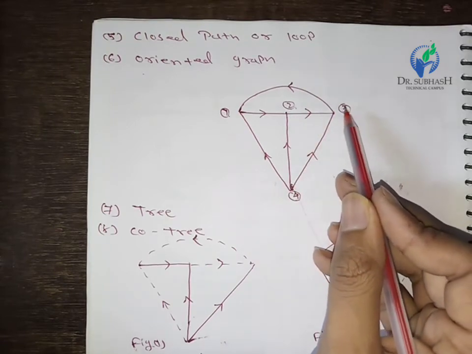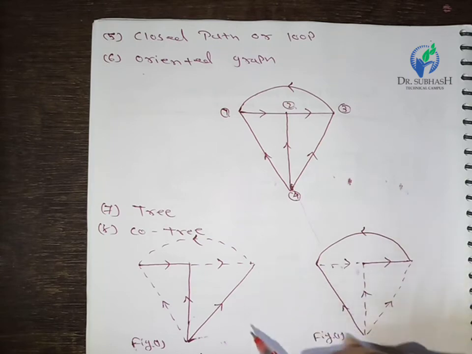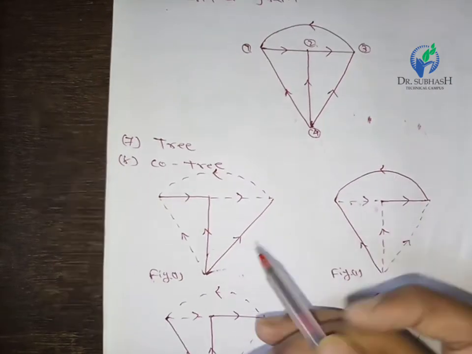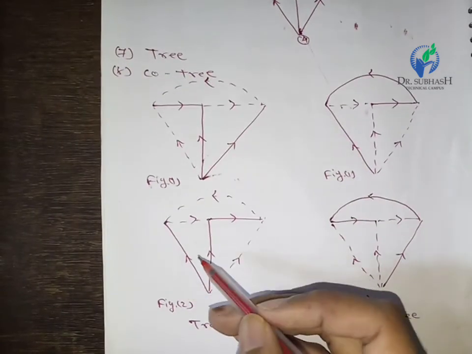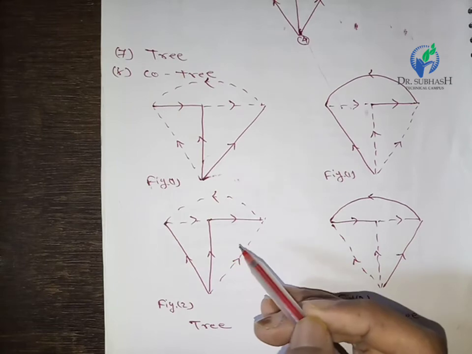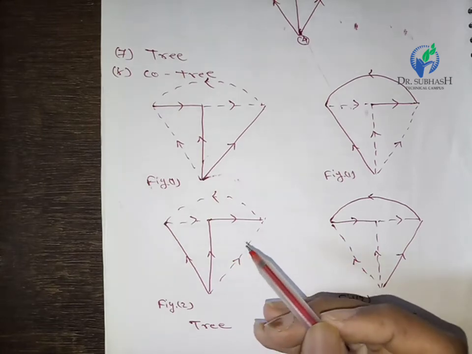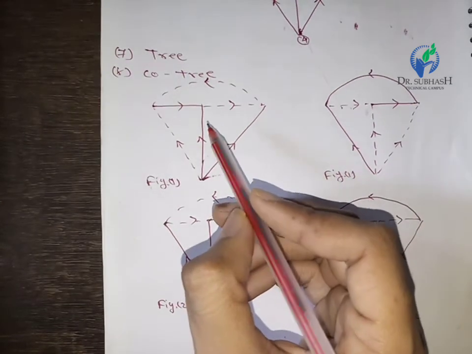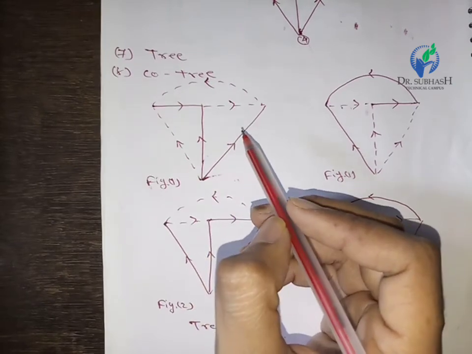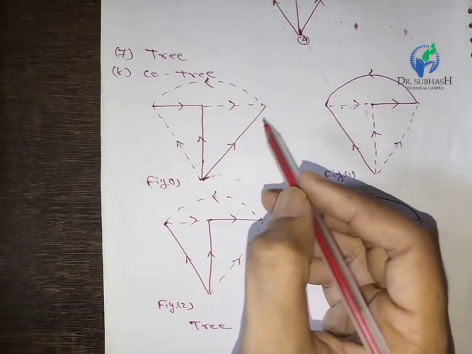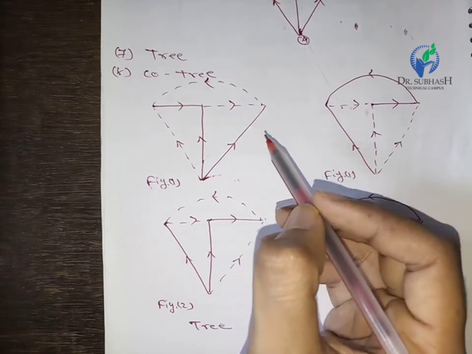Now the seventh point is a tree. Here figure number 1 and figure number 2 are tree networks. A connected subgraph containing all the nodes of the original graph but no closed path is called a tree.